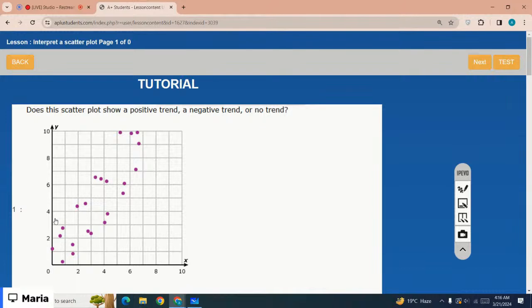Positive trend means as the x values are increasing, the y values are also increasing, right?